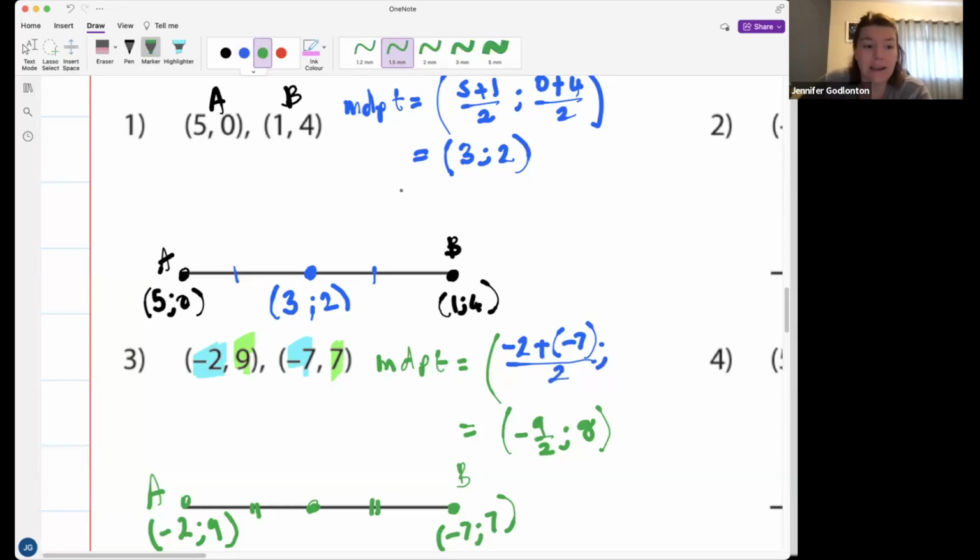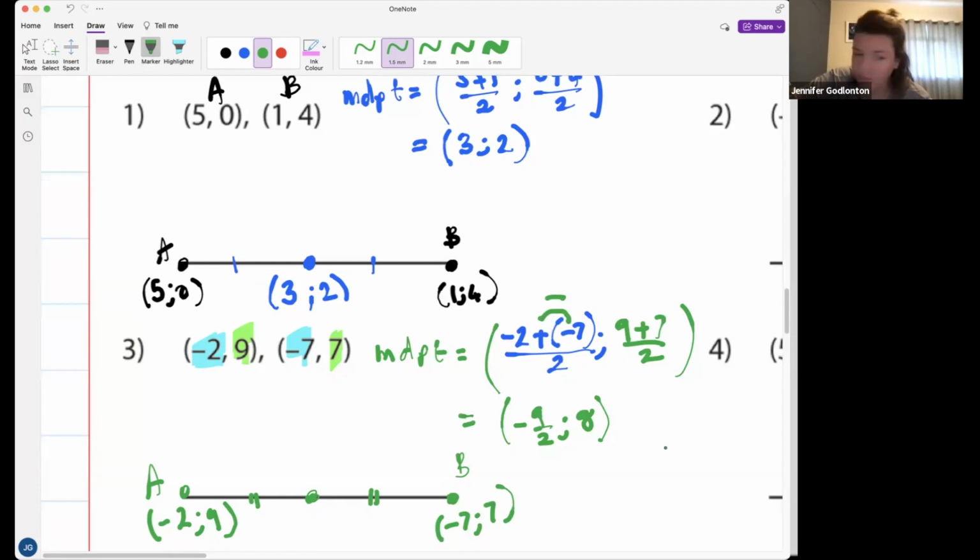And then my green, I have 9 plus 7 over 2. Now, because I have a negative and a positive, this positive and this negative just equals a negative. So that just becomes -2 minus 7. That's why I wrote it as -2 minus 7. But you're absolutely right, you are adding. This is just if you skip that step. Great question, though. Good to ask. Always better to ask.